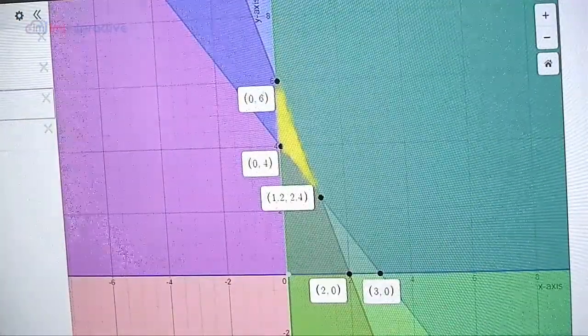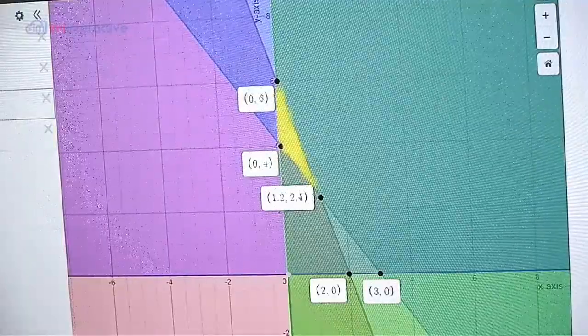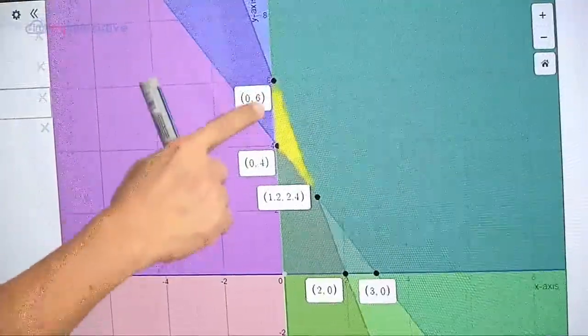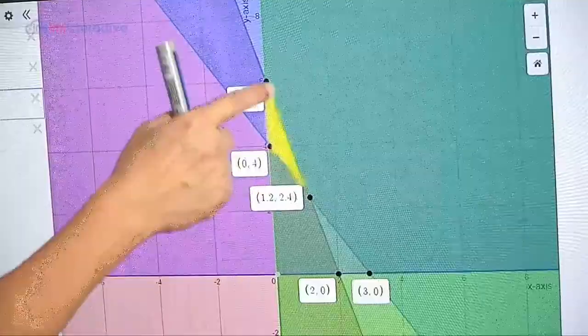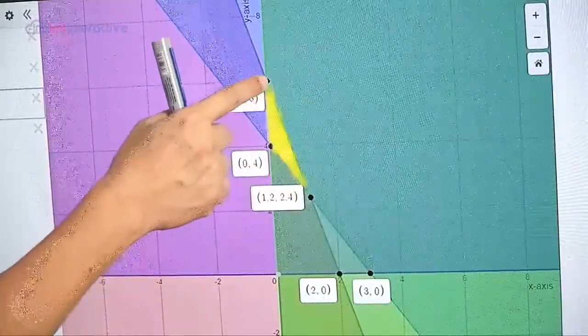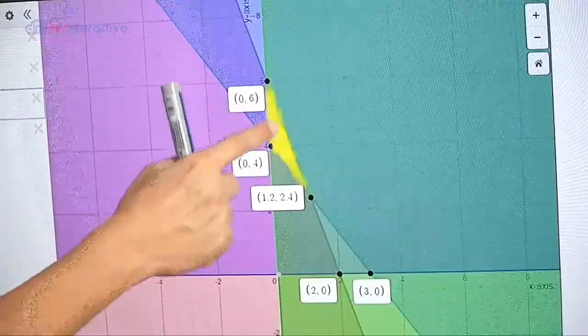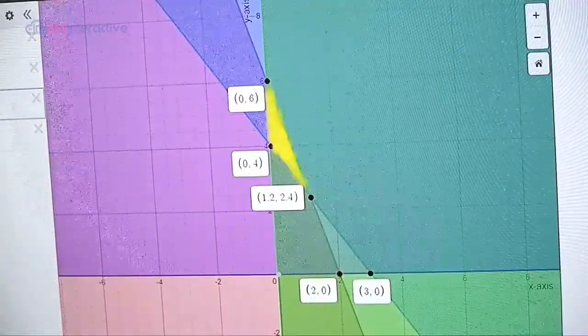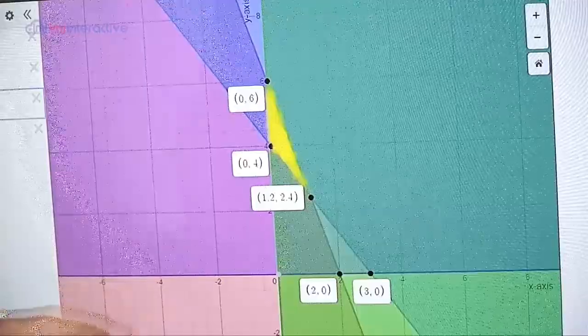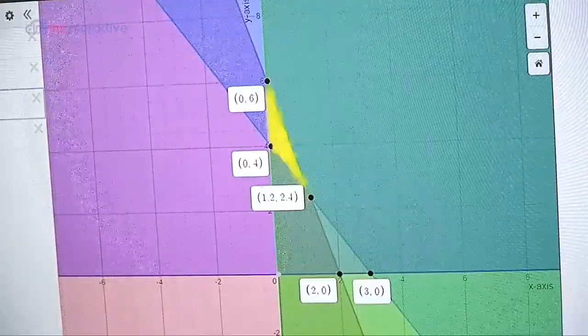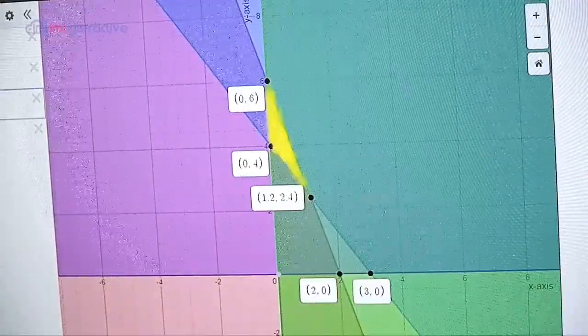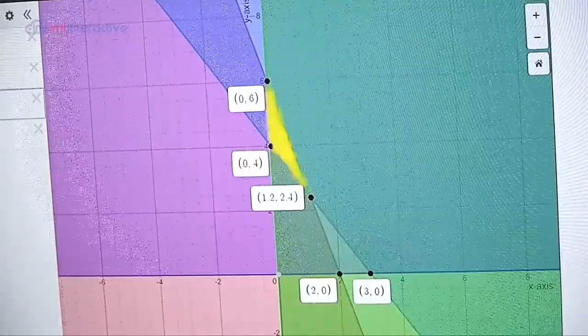So taking all of this into consideration, that portion which is common to all is only this polygon representing a certain triangle. And these are the vertices. So now that we were able to identify the vertices, we have to go to step number 3. And what is step number 3?